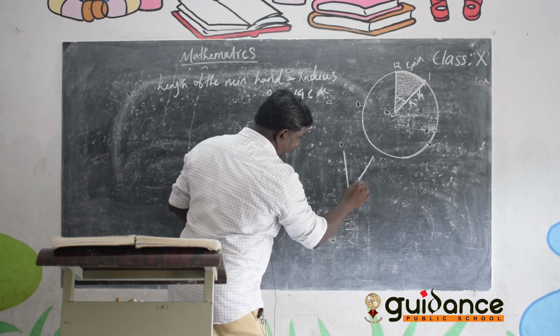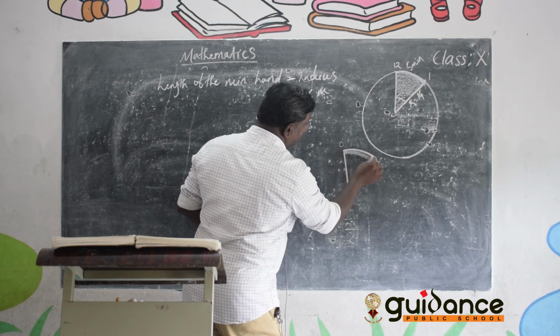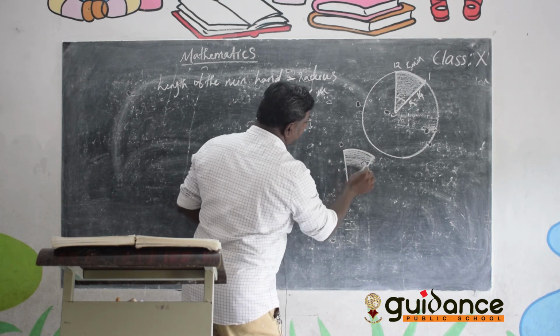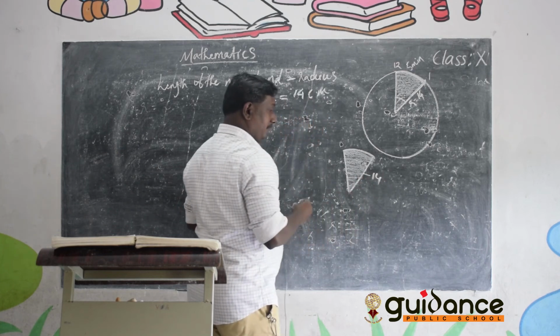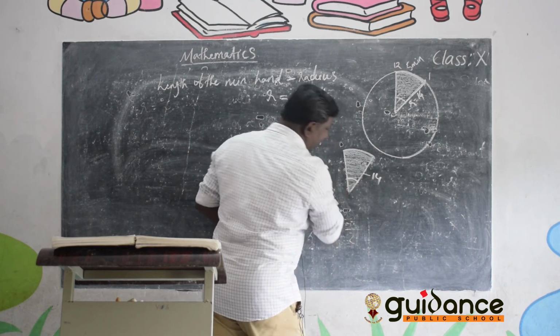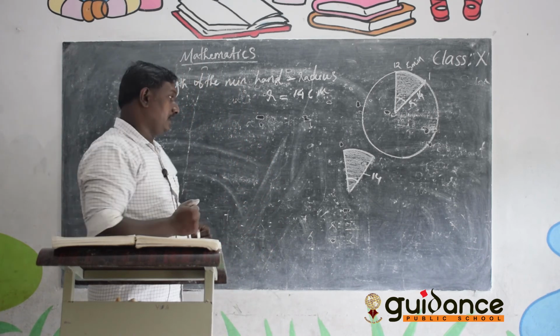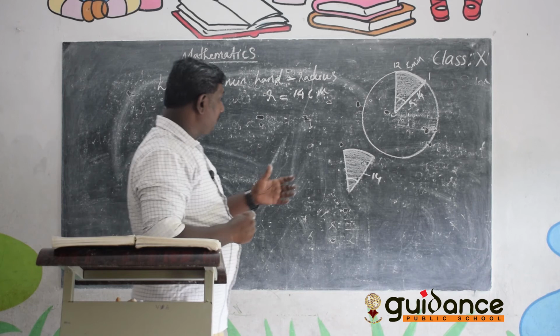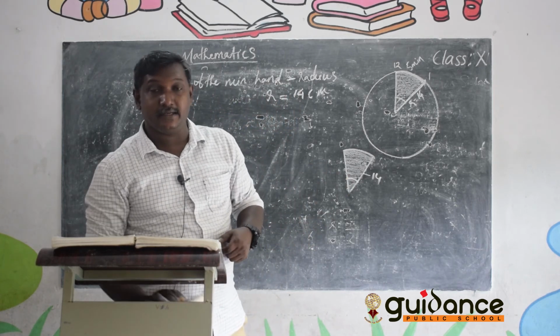That we can consider as a sector. This much area they covered. So we know this is 14 centimeter. Then what will be the angle? Once we get the angle, then easily we can do that. But how can we find out the angle? It's a minute hand.